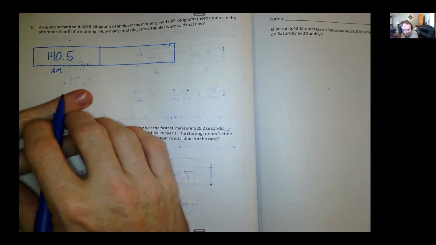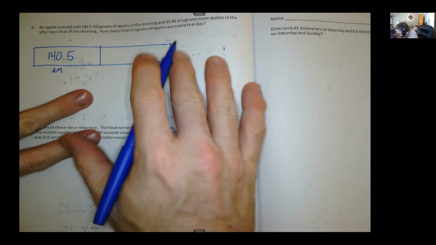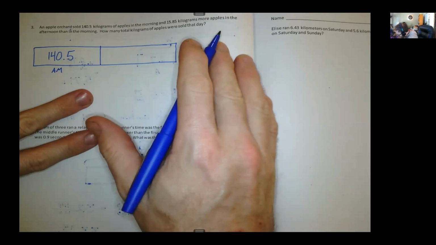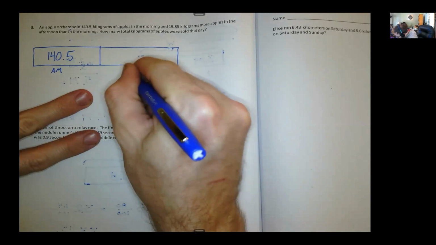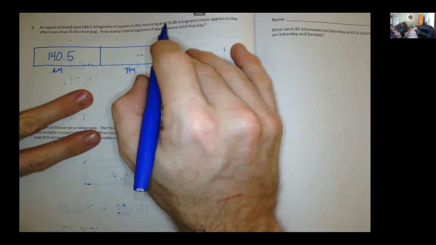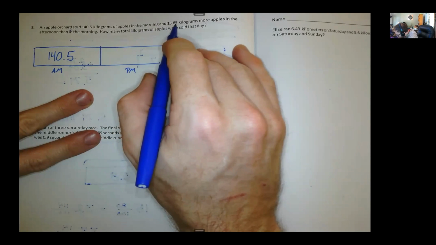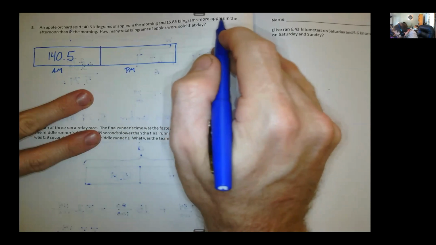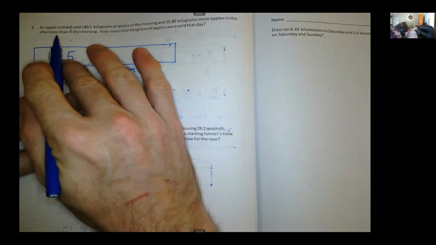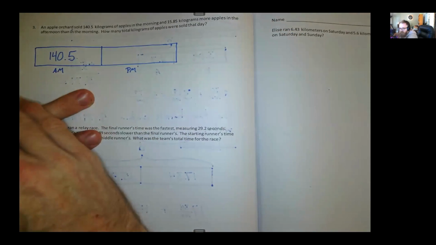Morning is AM, right? In the afternoon, which we're going to call PM, they sold 15 and 85 hundredths kilograms more apples in the afternoon than in the morning.